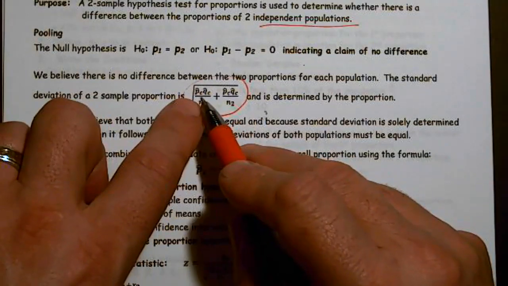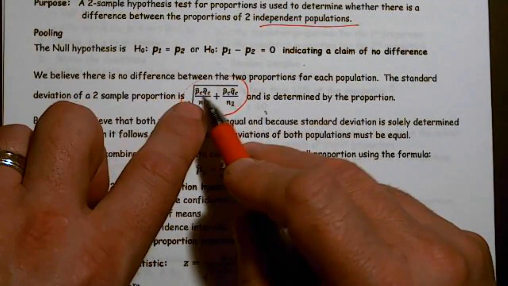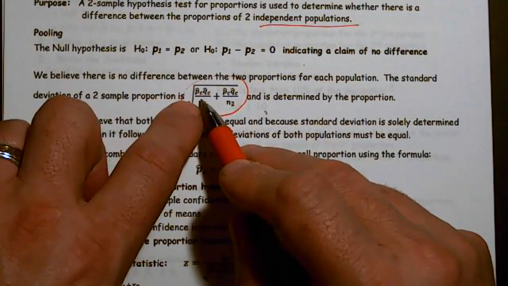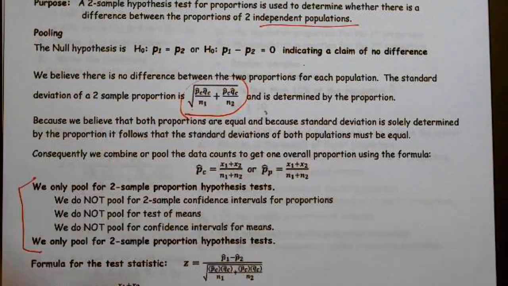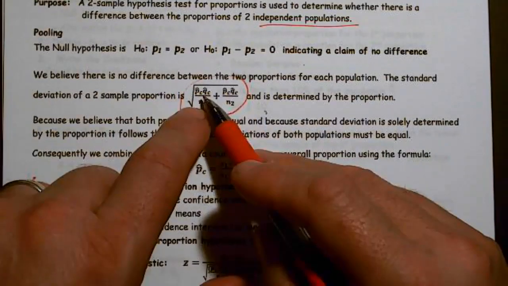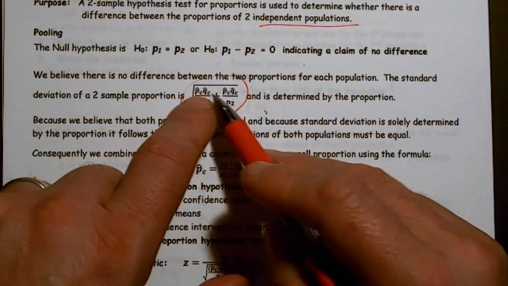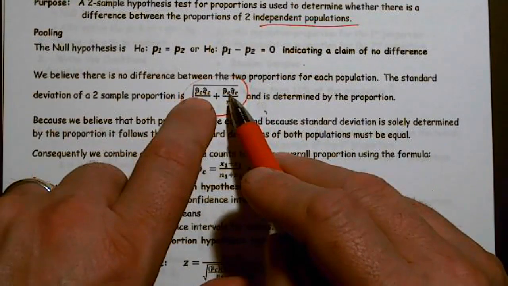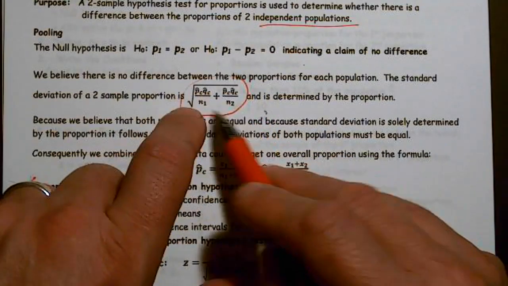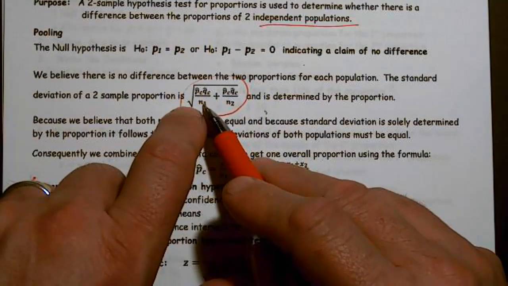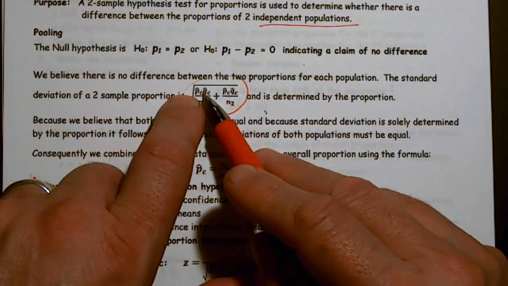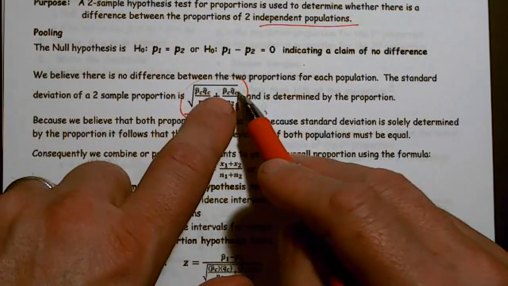Really, that's P hat pooled and Q hat pooled, and some people notate it as P hat P and Q hat P, but all of a sudden I start looking and that's not a PP on the paper, so I use combined. So P combined, Q combined, P combined, Q combined. Notice these two are exactly the same, and the only difference is the sample size, N1 versus N2. So basically, once you have P hat C, you have it for both parts of this.